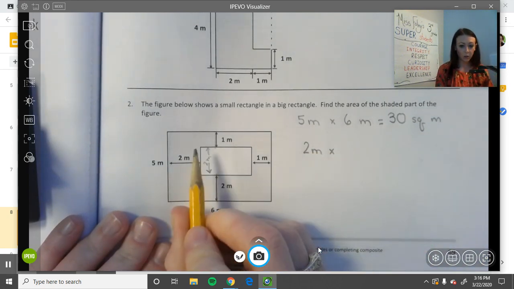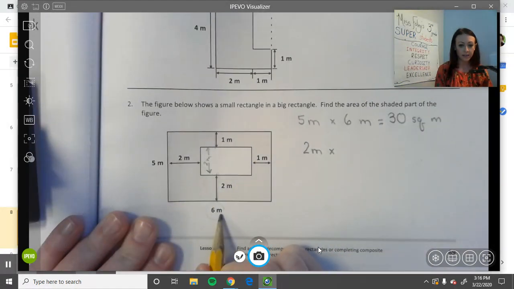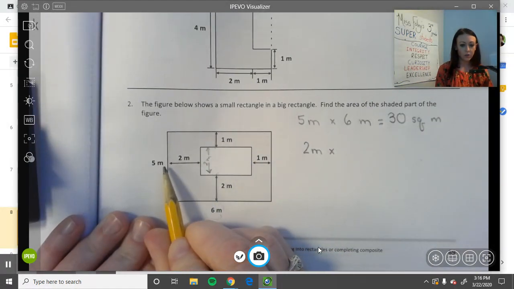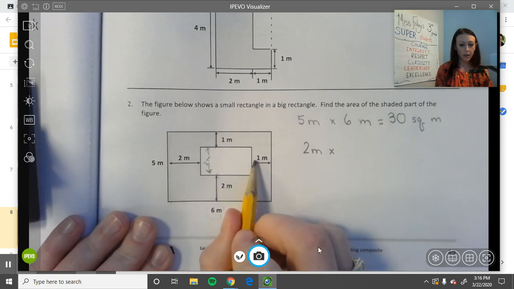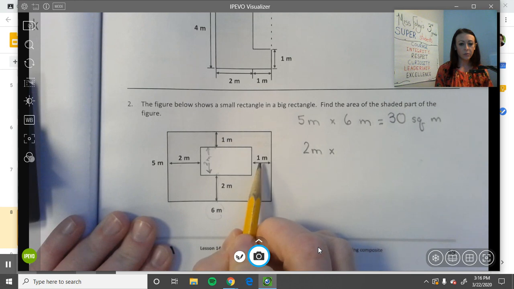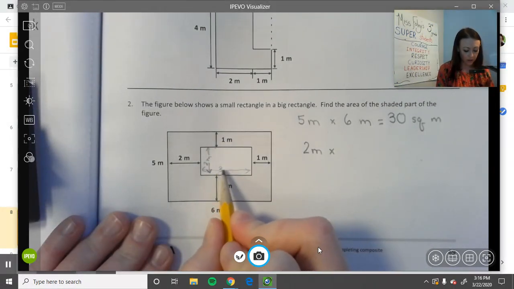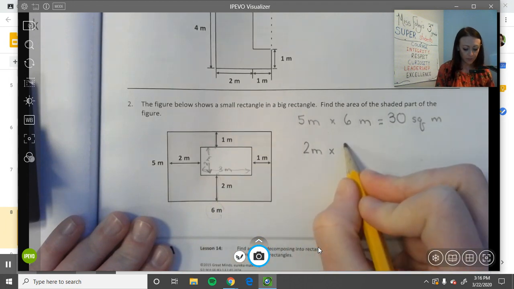Now I need to figure out what it is this way. So I know my total is 6. I've used 2 here and 1 here. So 6 minus 3 leaves me with 3 meters this way.